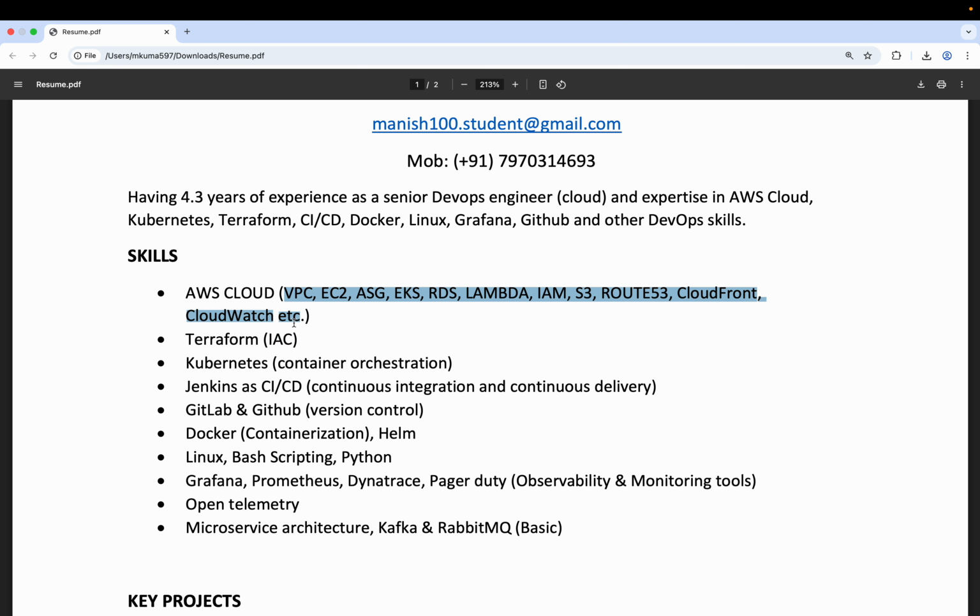So here also, if I talk about different services, I will mention only those services on which my focus is and on which I have a hold, correct? So you have to mention only those services on which you do have a hold. You are not going to mention all those different services about which you don't directly know, which you have just read about somewhere.